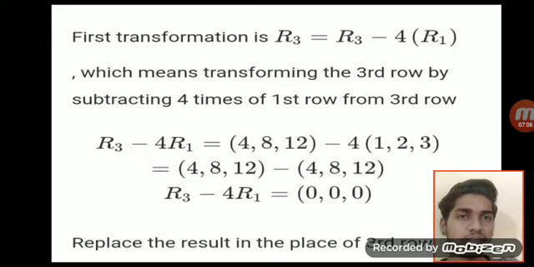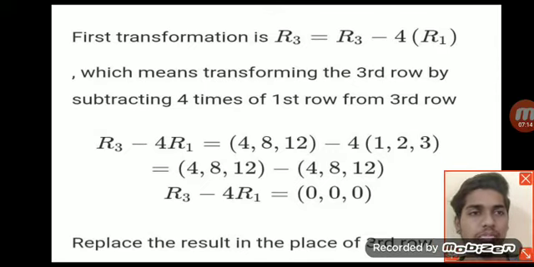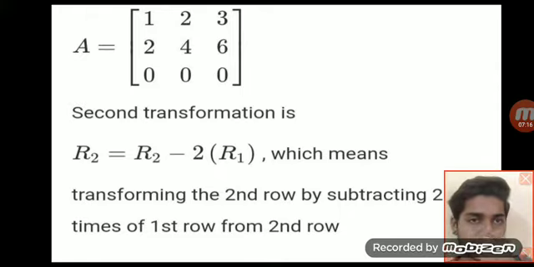This is the first transformation answer. Replace the result in the place of the third row, and A is equal to 1 2 3, second row 2 4 6, and third row becoming zeros.